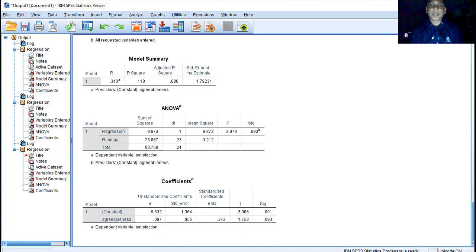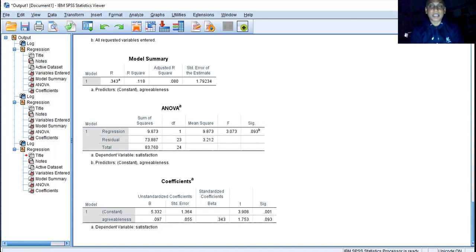Now we look at this effect size as medium, as we know that if the r square is equal to 0.01, it is small, 0.09 is medium, and since our value 0.118 is just near to 0.09, we'll call the effect size medium. Had it been 0.24 or more than that, we would have called it large. In this case, the effect size is medium.